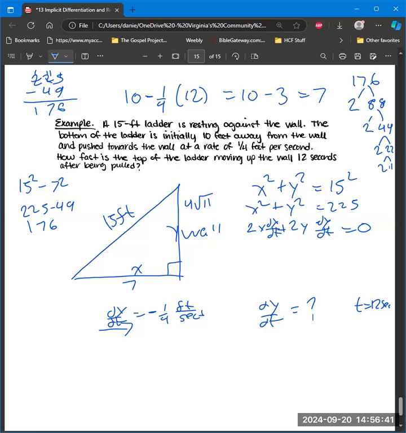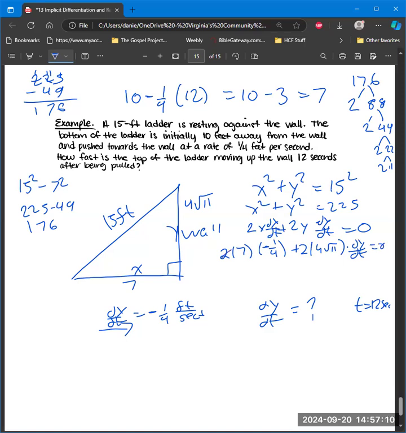Now that I have that, I can try and find dy/dt here. So 2 times x is 7, dx/dt is -1/4, plus 2 times y is 4 root 11 times dy/dt is equal to 0.